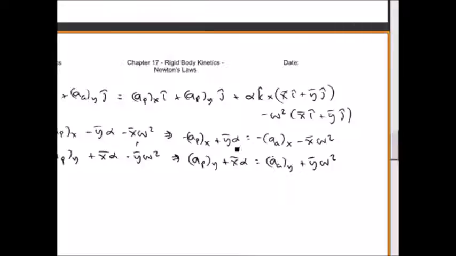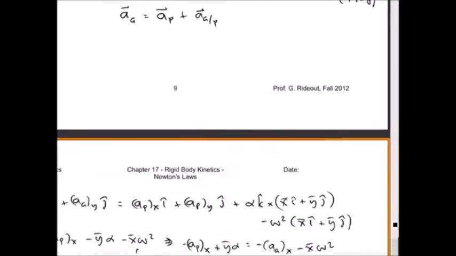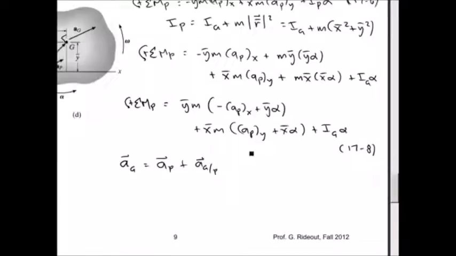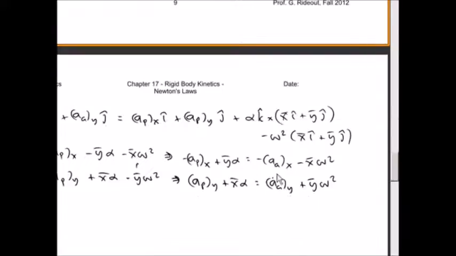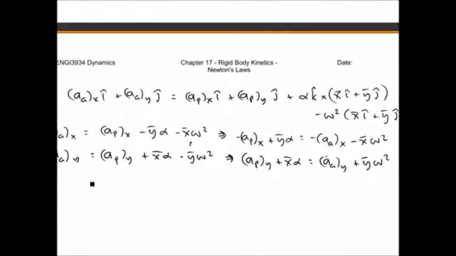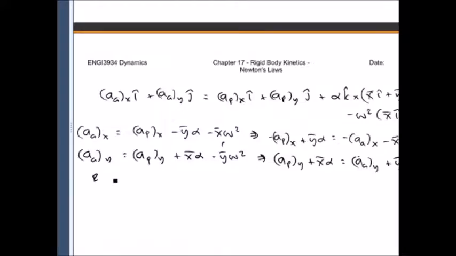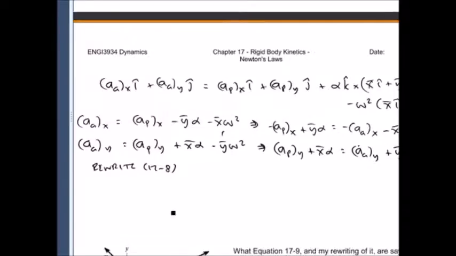Now, what good is that? Well, if we take a look at minus a_px plus y bar alpha, if we go up to the previous page, in our equation 17.8, you can see that we have minus a_px plus y bar alpha. So we can get rid of that, and we can substitute the expression we just got. So this allows us to rewrite equation 17.8 as follows.